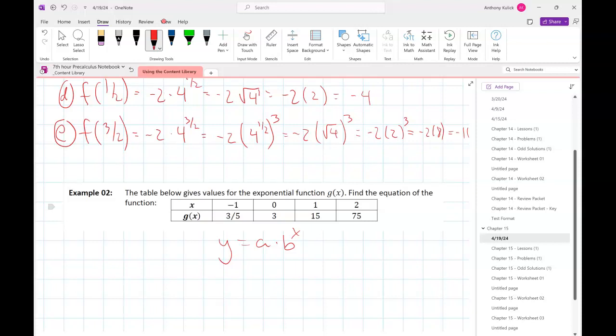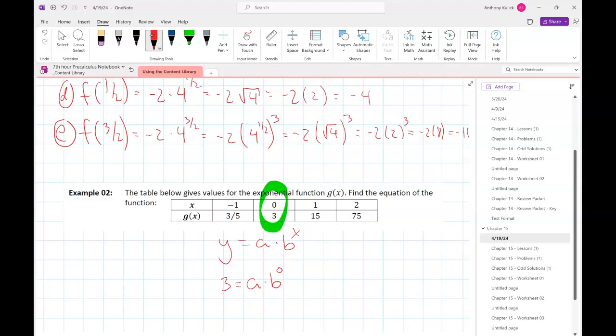Now there's two situations. One situation that's really easy and one situation that's not as easy. The easy situation is if one of the x's is 0. Because if I plug in x and y into my function, I have 3 equals a times b to the 0.